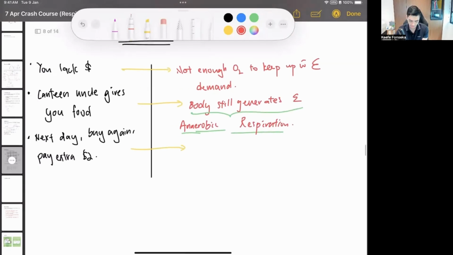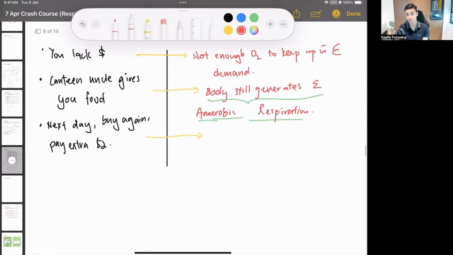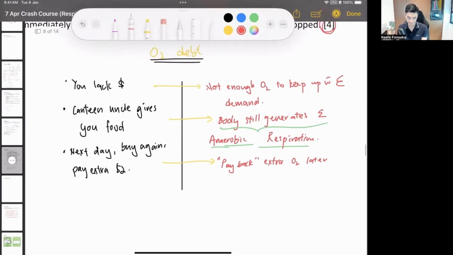So last part, the canteen uncle expects you to pay him back eventually, right? So the next day, you pay extra money. So that's why after you rest, you need to pay back extra oxygen to the body later, by breathing extra to pay back.